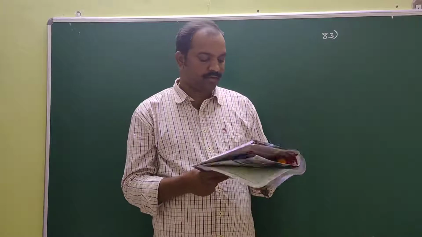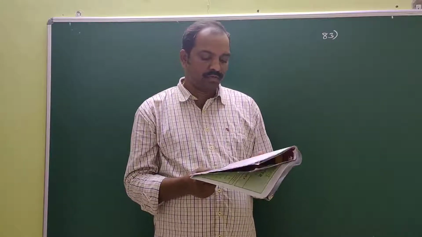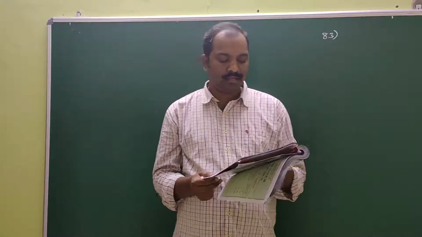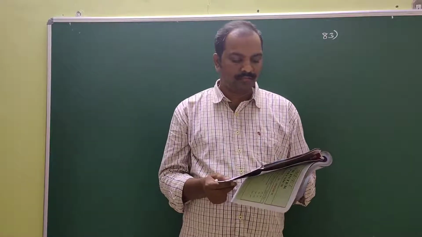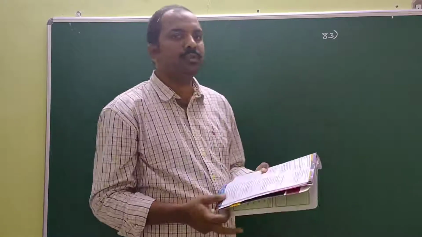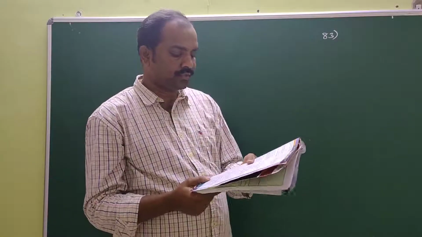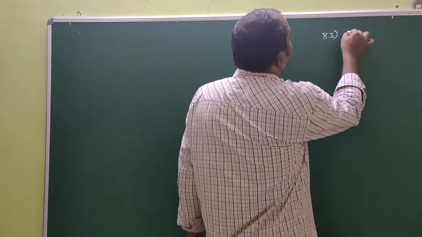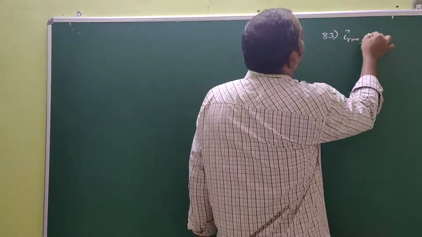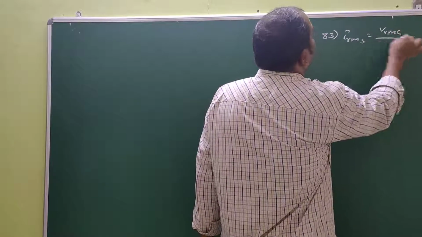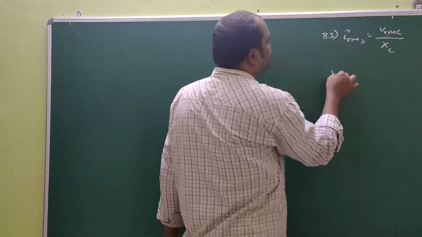Then third one, when an AC source is connected to a capacitor, the RMS current in the circuit gets increased if a dielectric slab is inserted into the capacitor. In case of an AC source connected to a capacitor, the RMS value of the current is equal to Vrms by capacitive reactance.